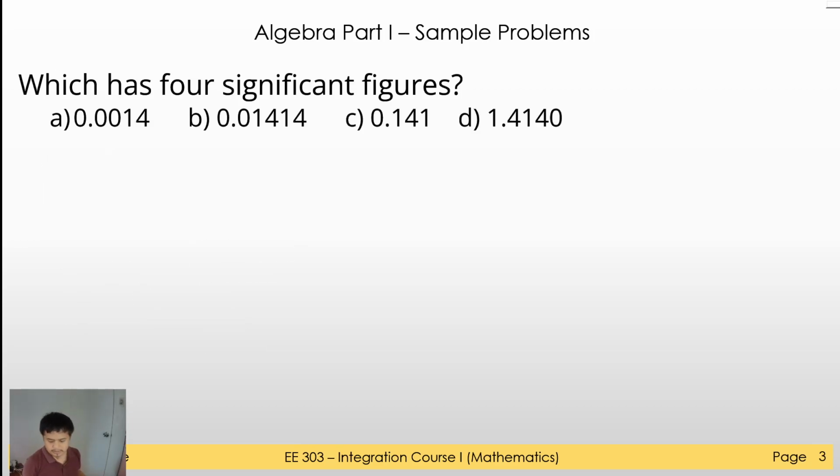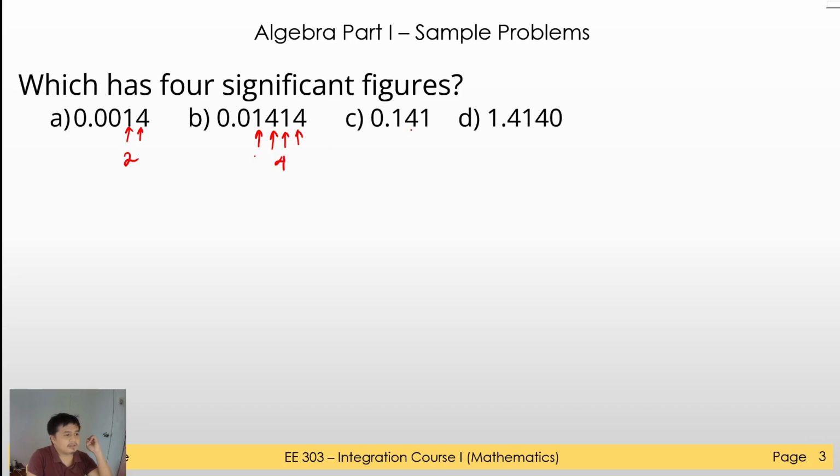For the first problem, we have the following choices, and you want to choose which of these four has four significant figures. Regarding significant figures, it is how many significant figures it has. For letter A, it has two significant figures. For letter B, we have one, two, three, and four.